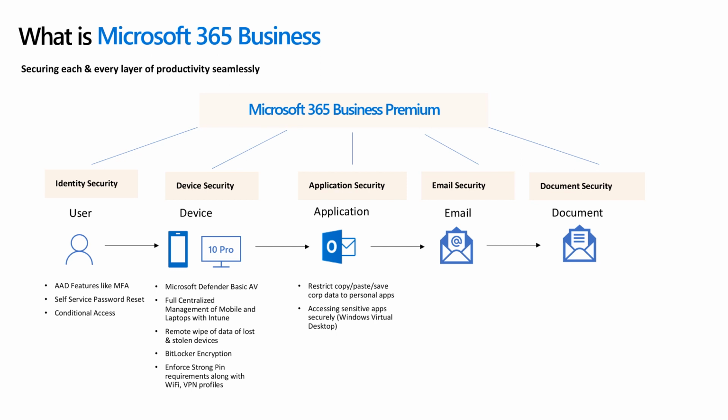And then also application. A lot of people run multiple applications on their devices these days. And what we're trying to do is stop the data getting pulled from corporate to personal. And that's how we enforce those sorts of restrictions. Then email security, we start adopting some of the advanced threat protection, ATP, against zero-day and malware attacks.